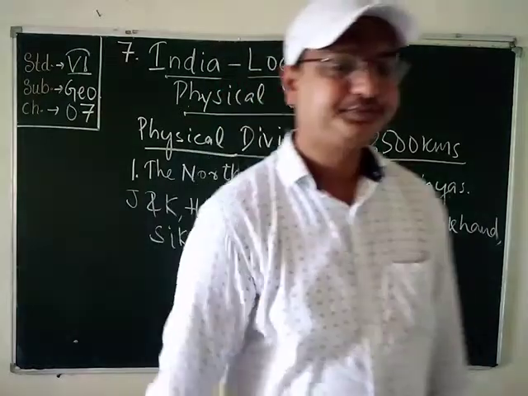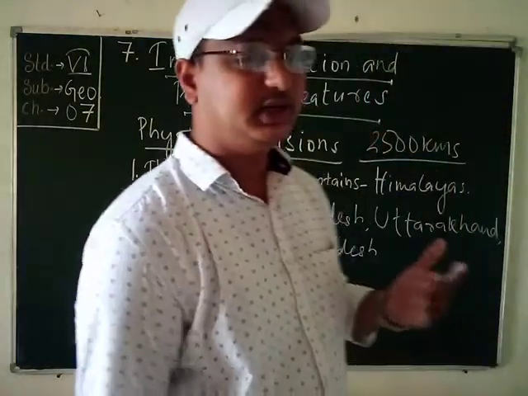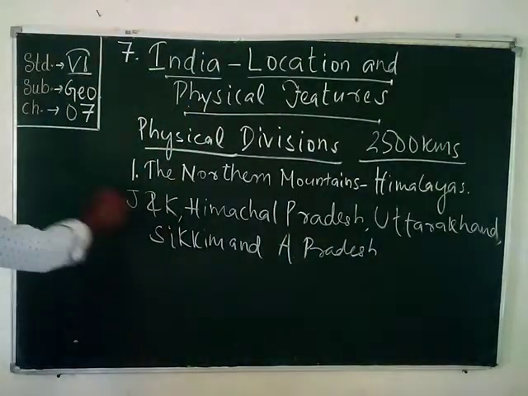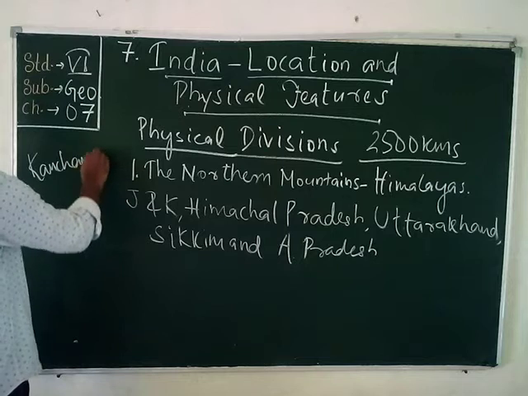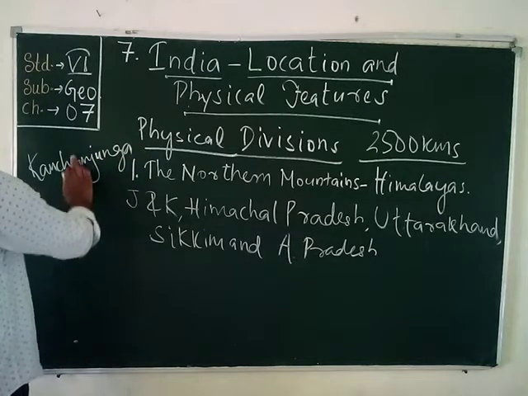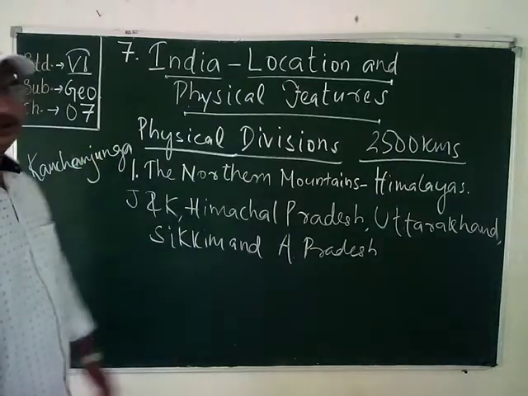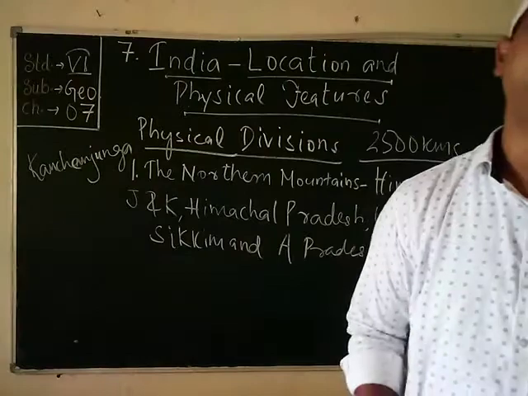And the Kanchenjunga is the highest peak of the Himalayas in India. You must have studied in your general knowledge. Kanchenjunga is the highest mountain peak of the Himalayas in India.